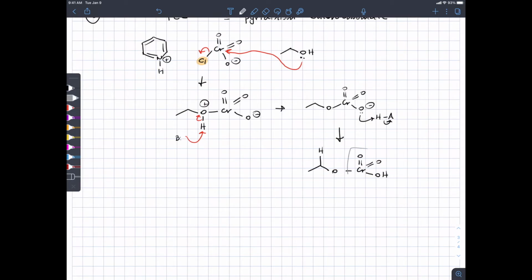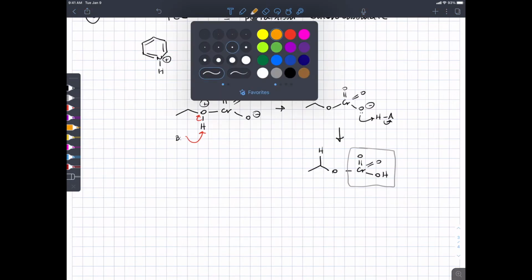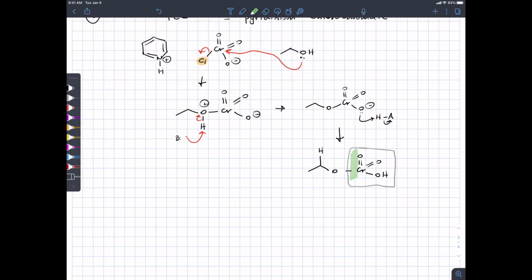So all of this over here, including the lone pair electrons, happens to be a good leaving group. And that might be difficult for you to notice or understand, and that's okay. I would have to maybe give you pKa information if you were to predict that that's a good leaving group. But for now, just take my word for it.